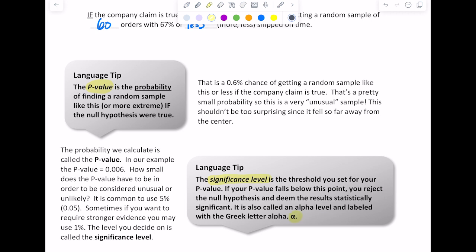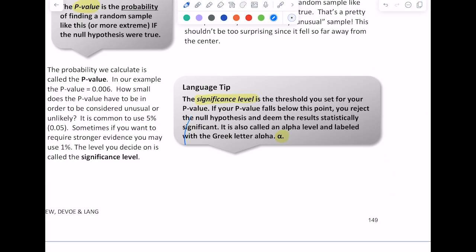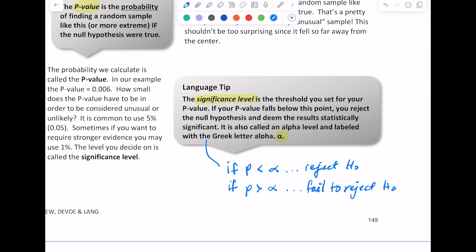And if the p-value is less than alpha, so if p is less than alpha, we're going to reject the null, okay? If the p-value is greater than alpha, we're going to fail to reject the null, okay? In other words, fail to reject means do not reject.